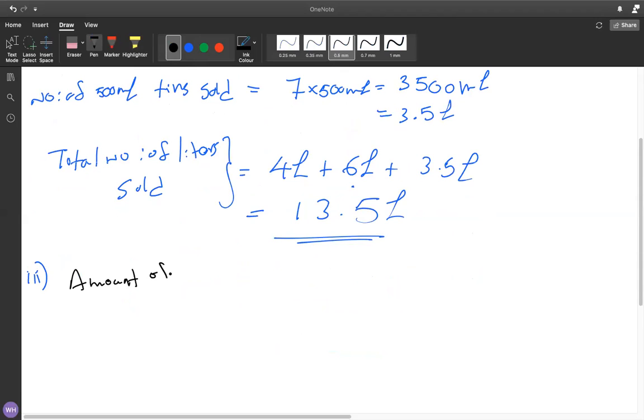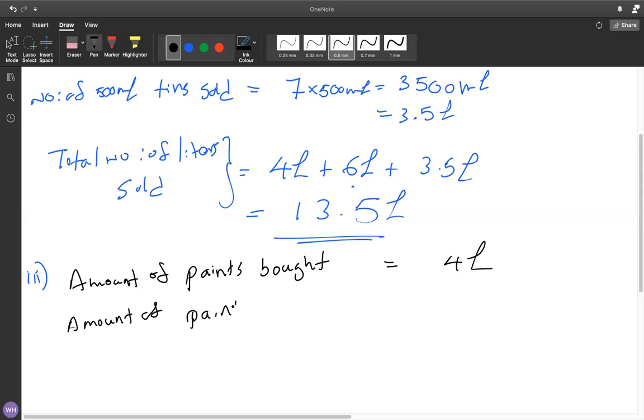Amount of paints bought will be equal to 4 liters. So what is the amount of paint used? Amounts of paints used. So how much have they used? 2 liters and 700 milliliters.